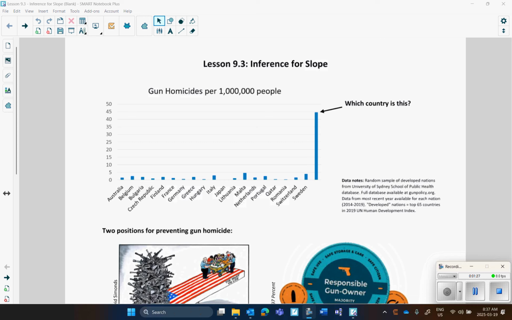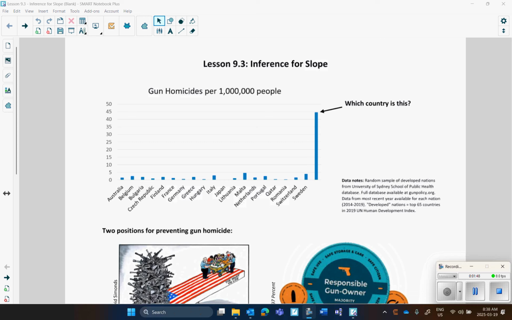So basically what we're going to talk about today is when we have a situation like that, we're going to do inference to see, is there actually a relationship between two quantitative variables, or is there not a relationship?